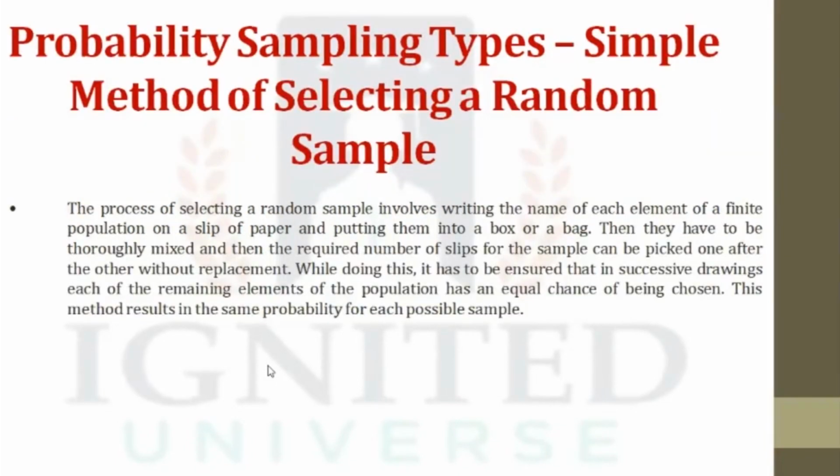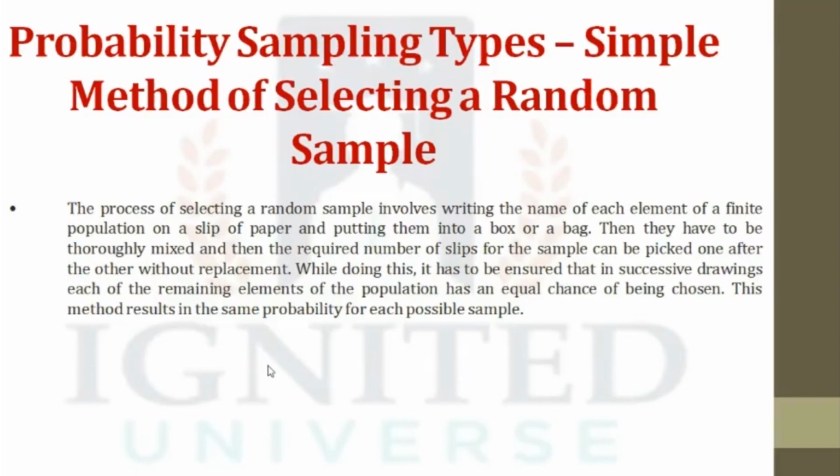The very first and the simplest method of probability sampling is simple random sampling. Simple random sampling can be compared to a fair lottery system. Suppose we have a box containing a lot of numbers.